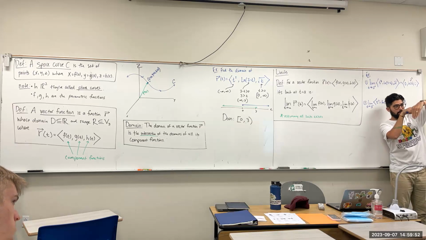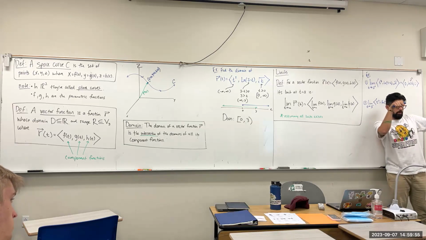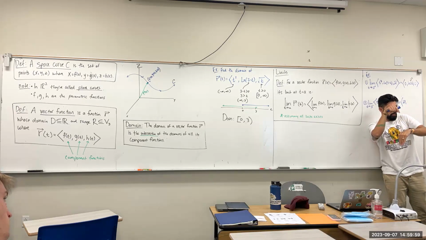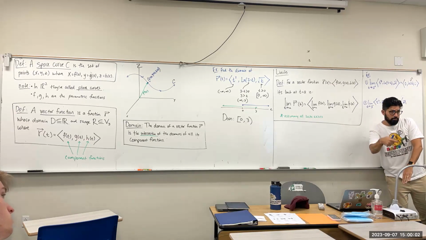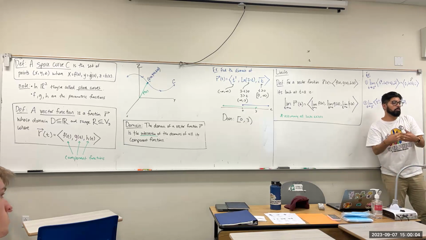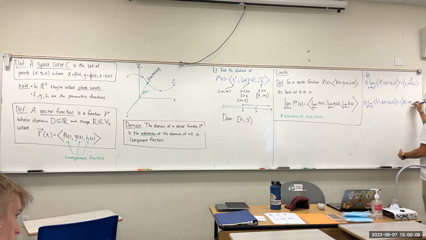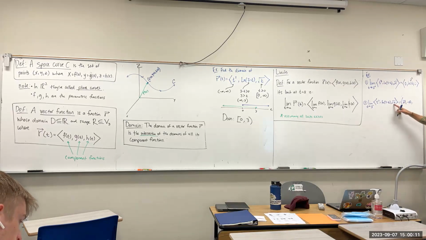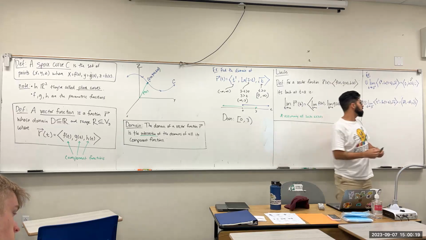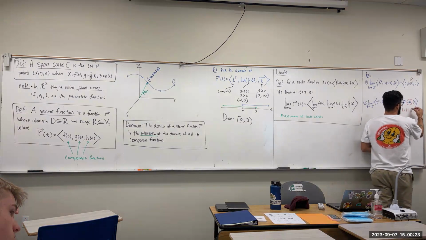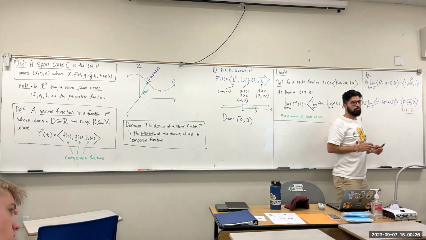The graph of ln goes like that, right? So as it's approaching 0, the y values are going down. They don't have a limit, they're approaching negative infinity. So it doesn't exist. Here I can plug in 3 and I get square root of 3, but it's this one that gives us the issue. So for D and E, the limit does not exist. There's no vector that it's approaching.